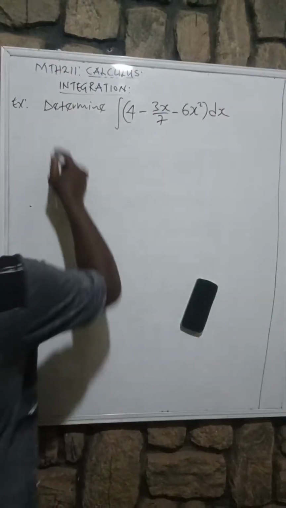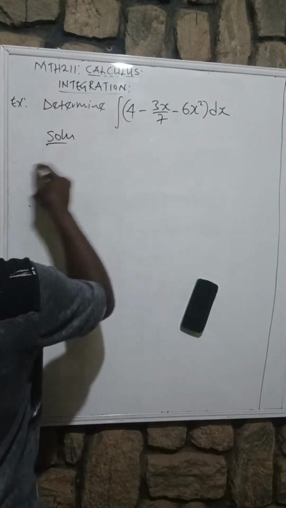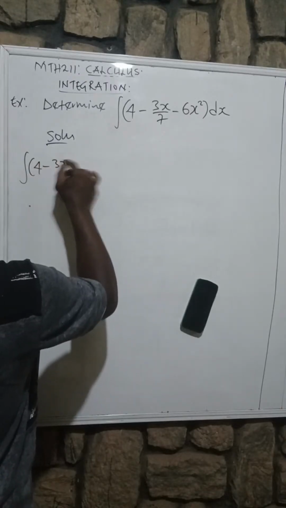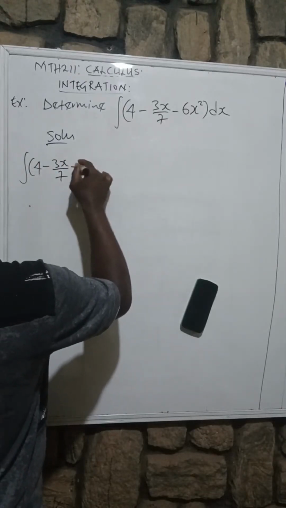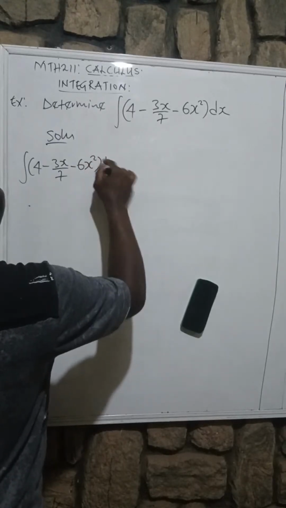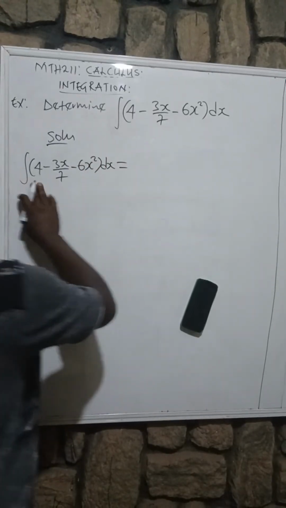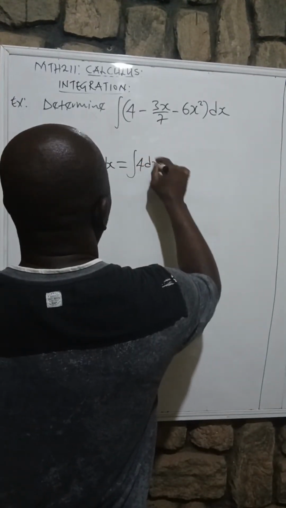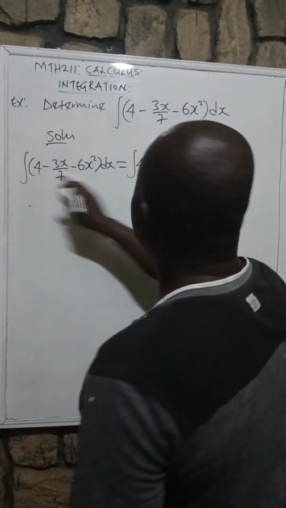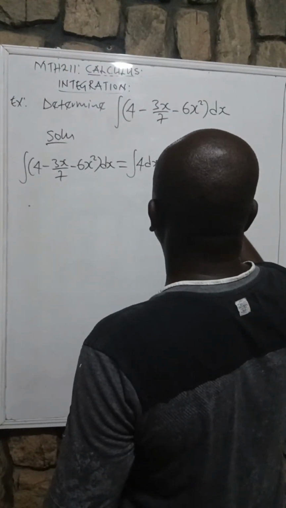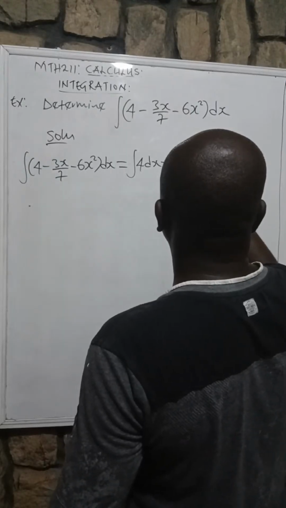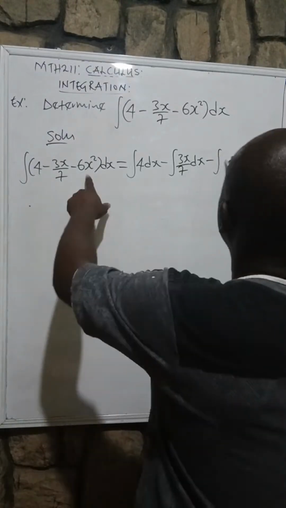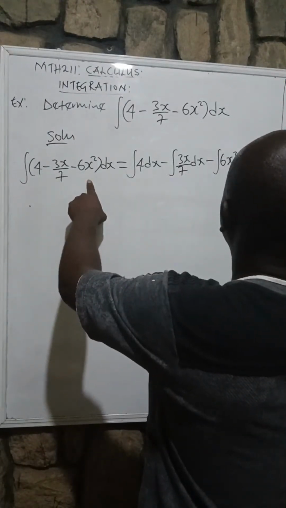So what you need to do after writing the solution: integral of the bracket 4 minus 3x all over 7 minus 6x squared dx. We can rewrite this integral in this form: integral of 4 dx minus integral of 3x all over 7 dx minus integral of 6x squared dx.